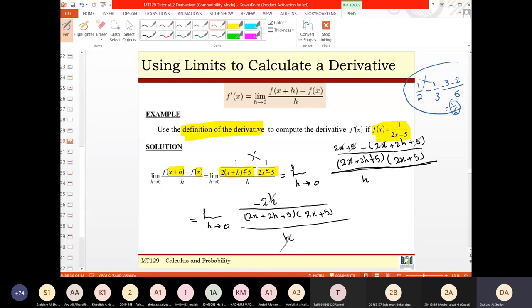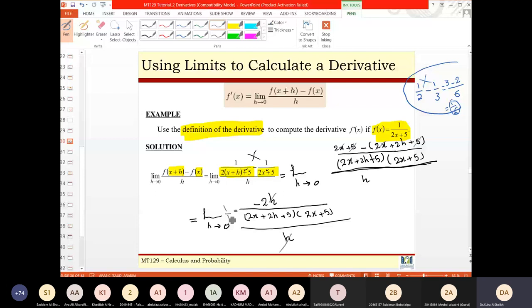Okay, now they cancel here. This is like we have 1 over h here. This is divided by h, as if we have 1 over h here. So this cancels this. It means it's like 1 over h multiplied with this amount here.